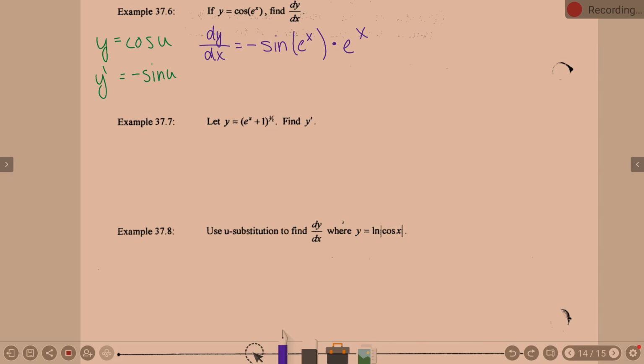Derivative of e to the x is e to the x. Again, I would probably say put the e to the x out front. So dy dx is negative e to the x sine of e to the x.